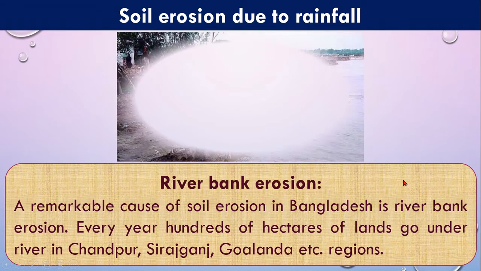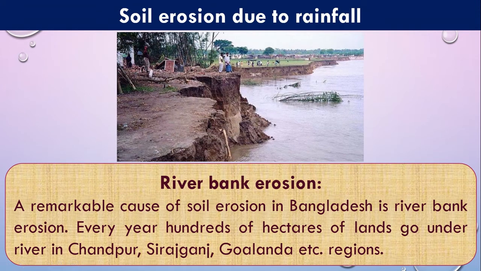Next one is river bank erosion. This one is also natural erosion, and a remarkable cause of soil erosion in Bangladesh is river bank erosion. Every year, hundreds of hectares of land go under the river, like in Chandpur, Shirajganj, Gosairhat, even in Shariatpur and Faridpur. Here you can observe lots of villages go under the water due to this river bank erosion, and lots of people lose their houses and everything.